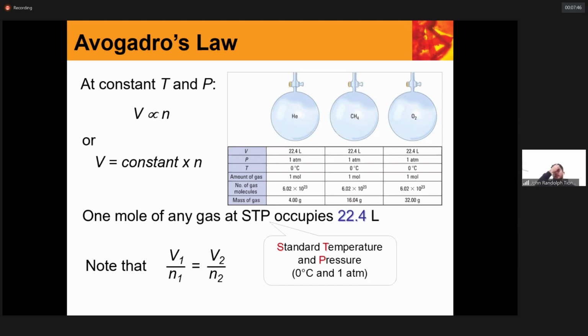Now, for this Avogadro's law, 1 mole of any gas at STP, meaning standard temperature and pressure, which is equivalent to 0 degrees Celsius and 1 atmosphere respectively, occupies a volume of 22.4 liters. Again, remember that value, 22.4 liters, for 1 mole of any gas. Whatever the gas, as long as it's 1 mole, according to Avogadro's law, it occupies 22.4 liters. Okay, remember that value.